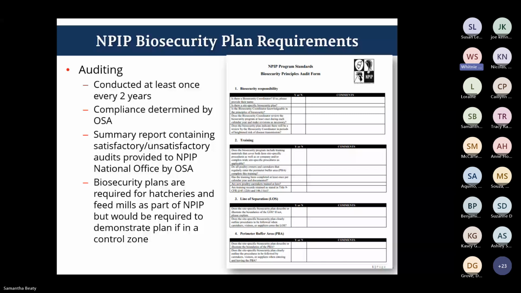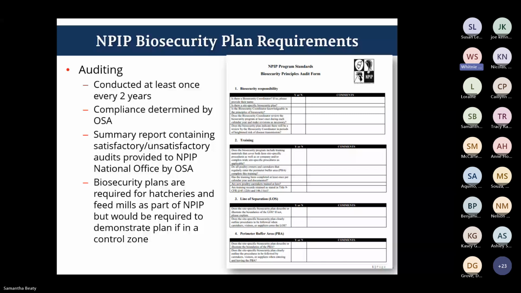So that's a bit separate from if you're just in NPIP. There's also a biosecurity plan requirement to be a part of that program. So that's a little bit separate than just this enhanced biosecurity we've been talking about, even though they cover a lot of the same topics.